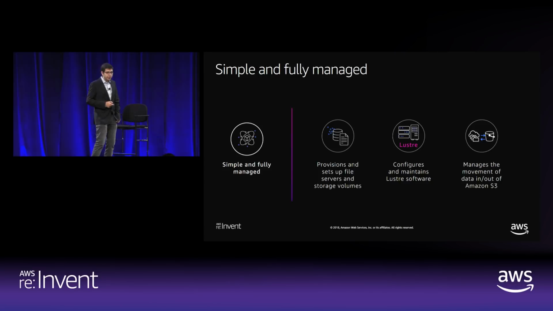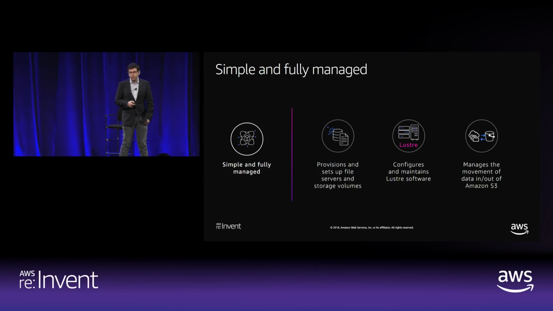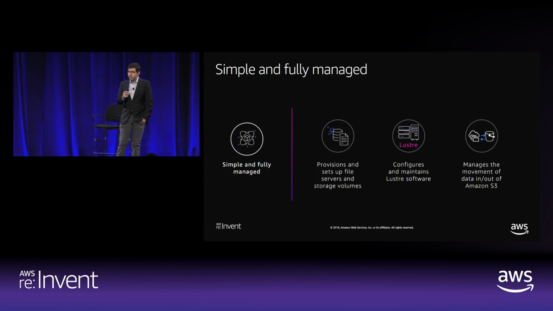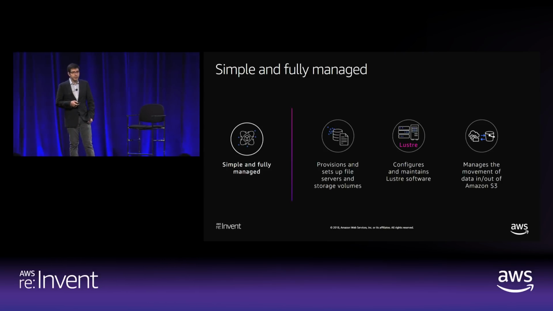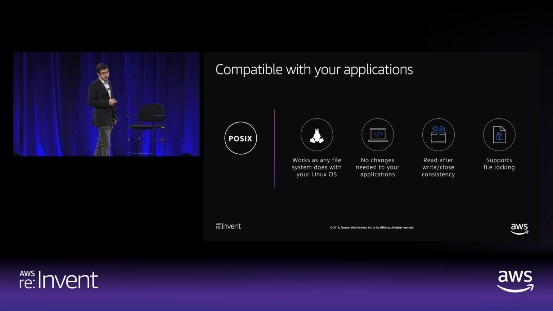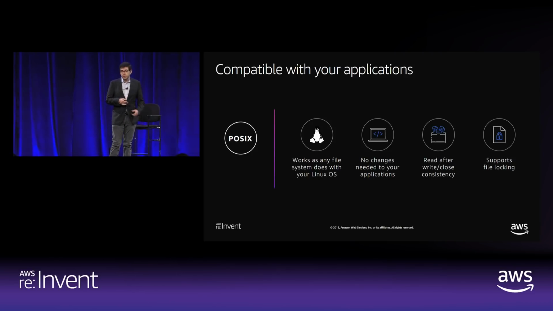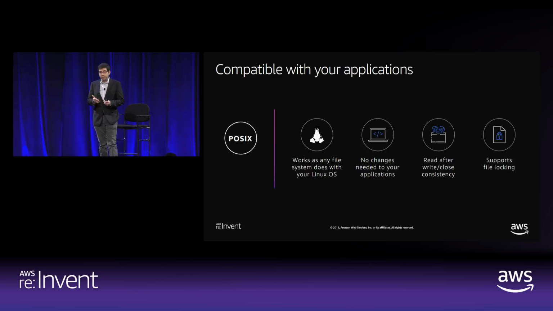And so, as I mentioned, it's simple and fully managed. We provision and set up the file servers and storage volumes. We configure and maintain the Lustre software. With those two, we're really putting the power of Lustre within reach of everybody, fully managing it for you. It provides a POSIX interface, so it works like any file system would with your Linux applications.